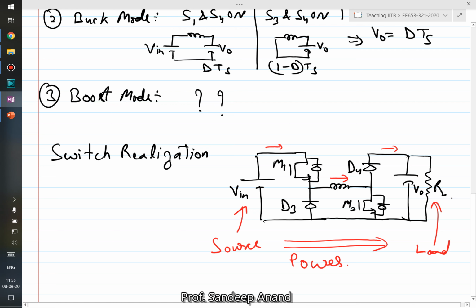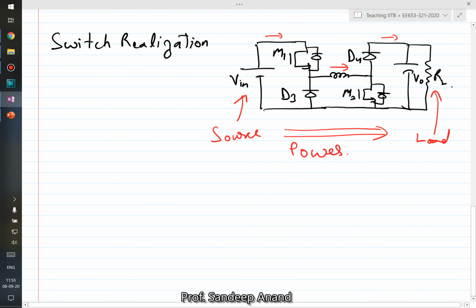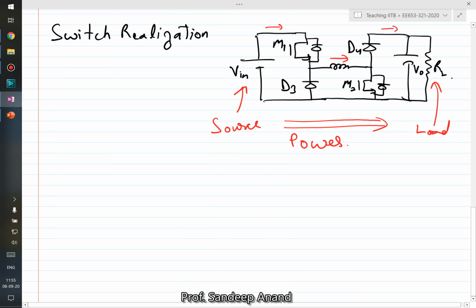Now in certain scenarios, you might want power to flow back from the load to the source. I'll give you some examples. Let's say you have a battery, right? And you have an inverter. In that case, sometimes you would like the battery to be charged from the grid or from the AC supply.